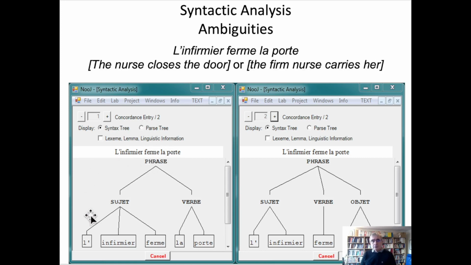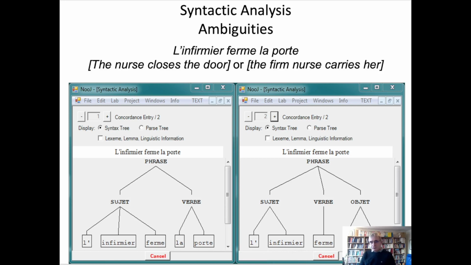The syntactic analysis will produce the two syntactic trees. In the first, the subject is "l'infirmier ferme", where "ferme" is the adjective, a modifier of "infirmier", and then the verb group is "porte" with the clitic, the object pronoun "la". In the second analysis, "l'infirmier" is a subject, "ferme" is a verb, and "la porte" is an object.